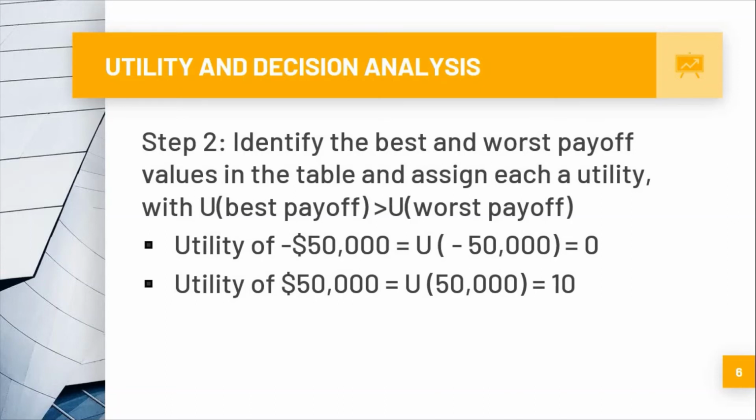As you can see here, the utility of negative $50,000, U(-50,000), equals 0, which means that is the worst payoff. And the utility of $50,000, U(50,000), equals 10, which is the best payoff.